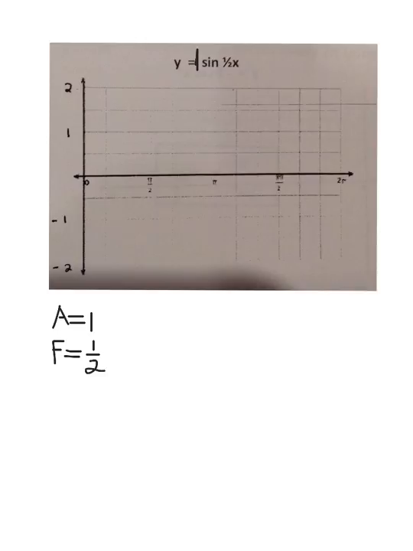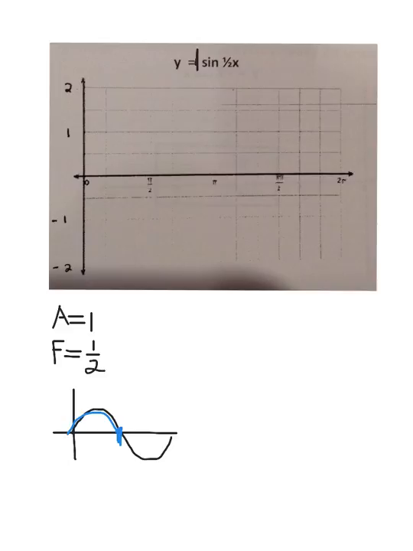So let me just draw what a sine curve looks like. Here's a sine curve. Now, I'm only going to see half of that. In other words, I'm only going to see this. That's half of a sine curve right there.